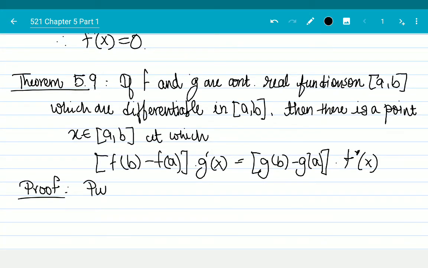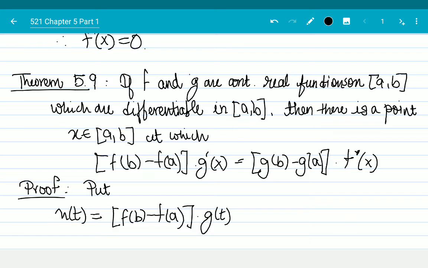So put h of t is equal to f of b minus f of a times g of t minus g of b minus g of a times f of t.